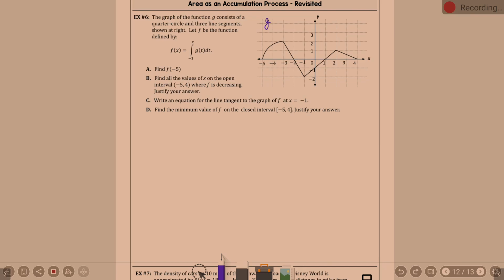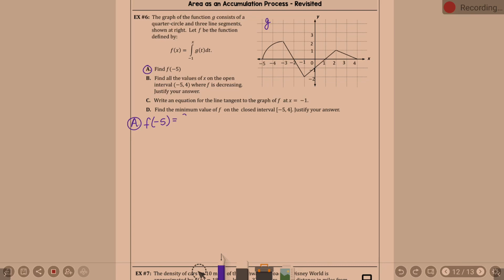Now, with that in mind, they ask us to find f of -5. If we're finding f of -5, we're plugging -5 into x, right?